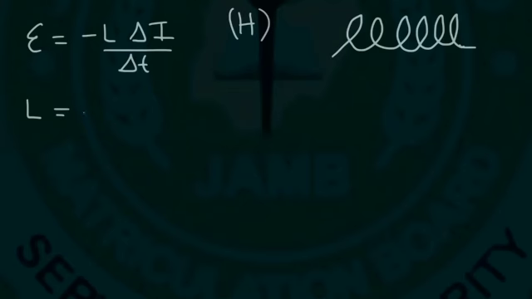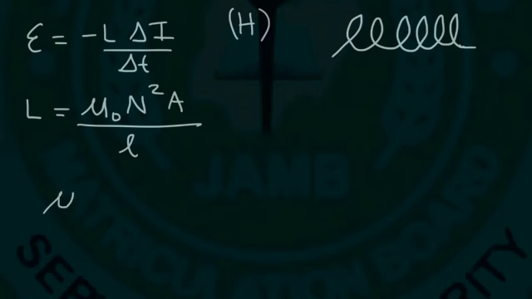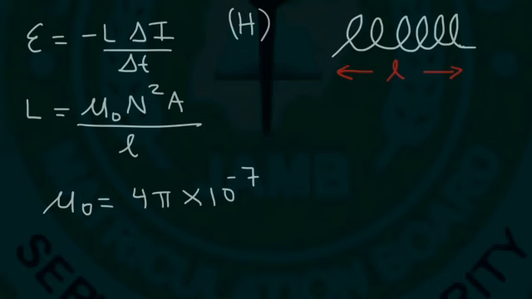L is equal to mu 0 times n squared times A divided by l. Mu 0 is the permeability of free space. It's 4 pi times 10 to the minus 7. Little l is basically the length of the solenoid. A is the area of the coil. So typically it's circular, so the area is going to be pi r squared.